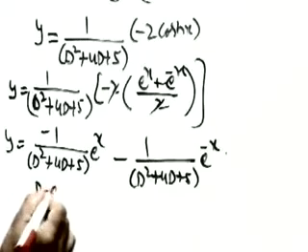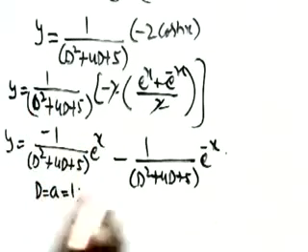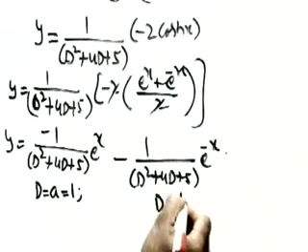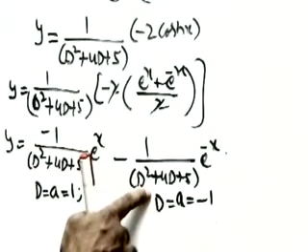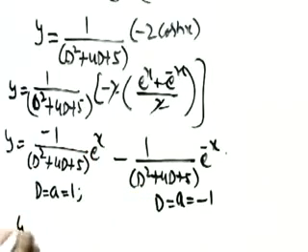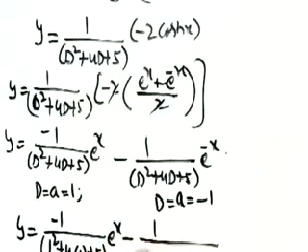Now we know the formula, D equals a, we substitute in place of a for e power ax. a is 1 here and minus 1 there. So y equals minus 1 divided by 1 square plus 4 into 1 plus 5 e power x, minus 1 divided by minus 1 square plus 4 into minus 1 plus 5 e power minus x.